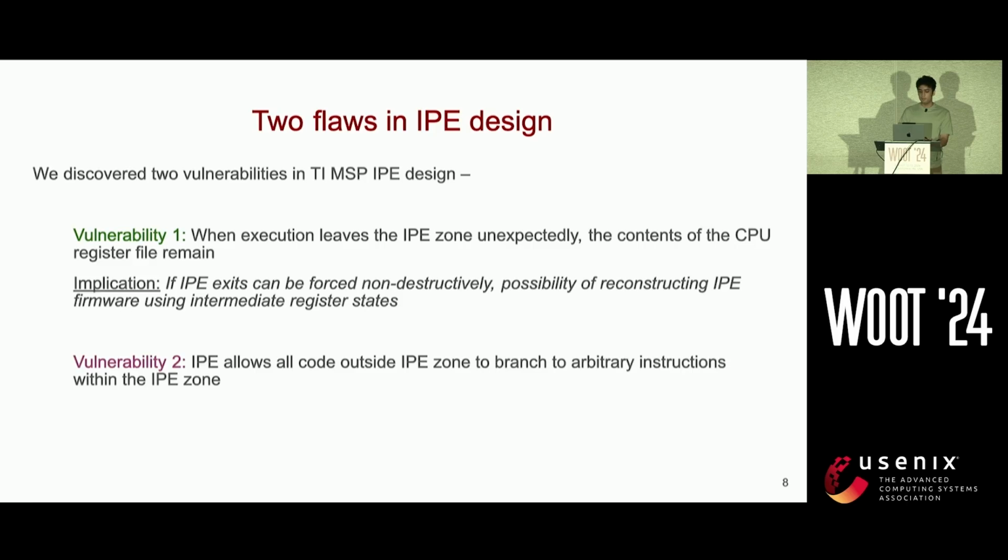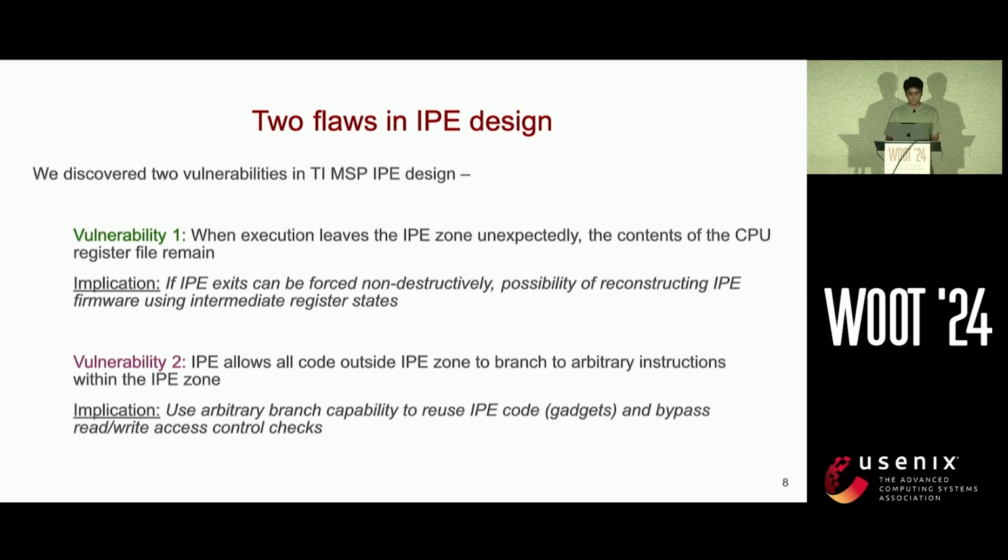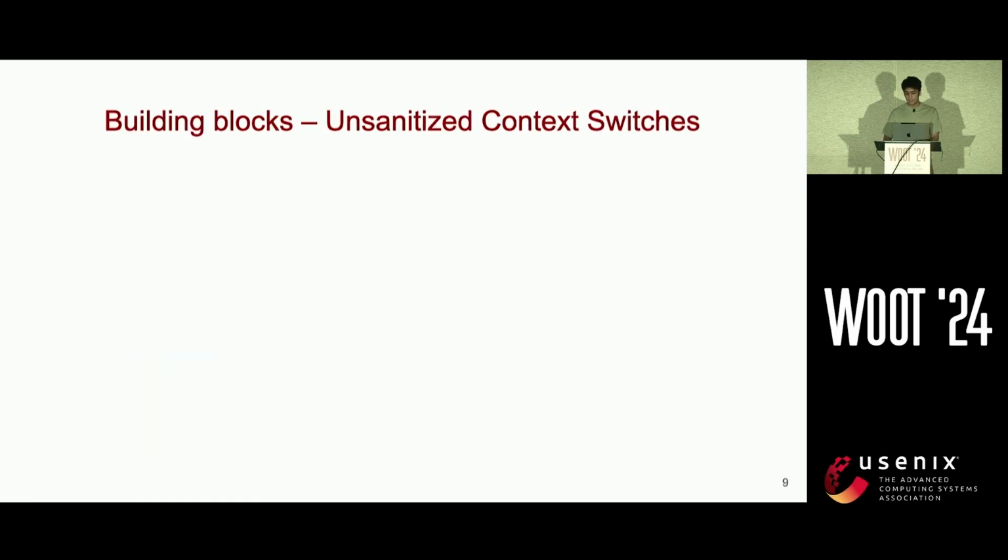The second vulnerability that we discovered allows all code outside the IP zone to arbitrarily branch to instructions within the IP zone. This implies that we can use this arbitrary branch capability to reuse the IP code snippets and bypass read or write access control checks. So let's start building our exploit based on these two vulnerabilities.